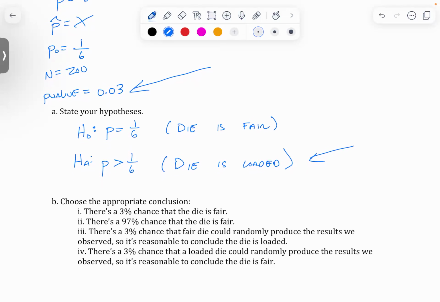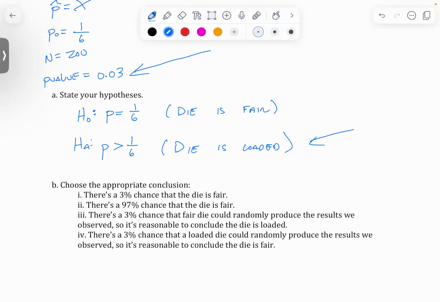So based on that, let's see which one of these matches. There's a 3% chance that the die is fair. Yeah, definitely not that one. There's a 97% chance the die is fair. Okay, that's the wrong number. There's a 3% chance that a fair die, okay, so right, that was our assumption, we assume the die is fair, could randomly produce the results we observe, so conclude the die is loaded.